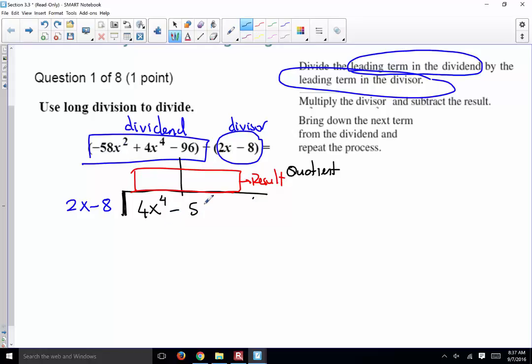Then the next is this, and the last one is this. Now this is better. Now this guy is the leading term. Okay? What is the leading term of the divisor?